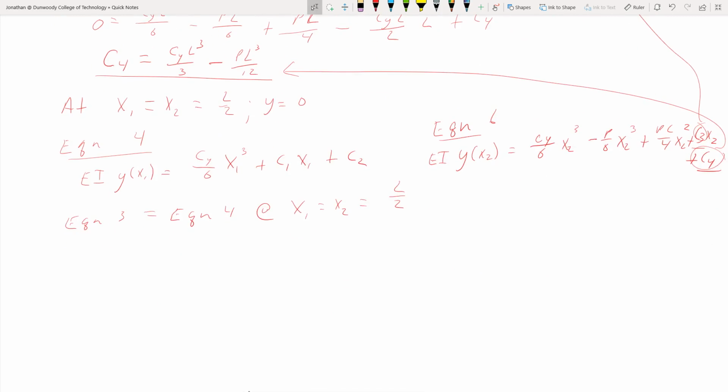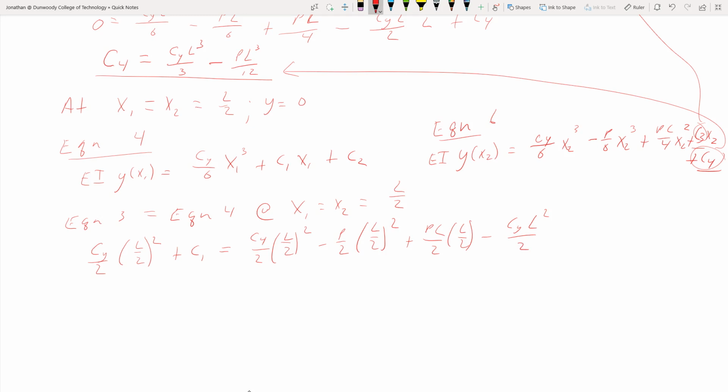So what do we have? So we had Cy over 2 times L over 2 squared plus C1 equals Cy over 2 times L over 2 squared minus P over 2 times L over 2 squared plus PL over 2 times L over 2 minus Cy L over 2 times L squared over 2.